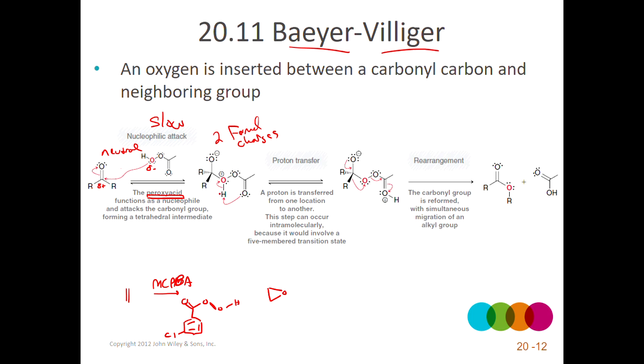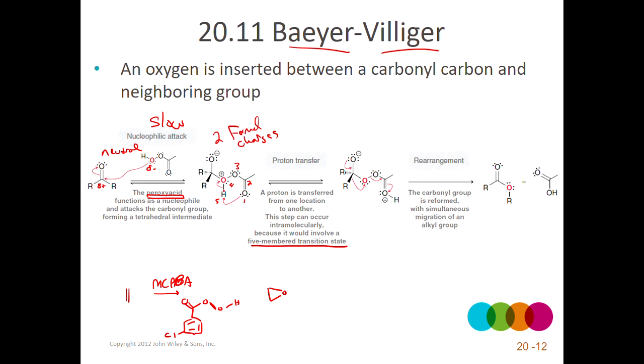So what would happen here is an intramolecular proton transfer. This happens intramolecularly because there's a 5-membered transition state. So if I count the atoms, 1, 2, 3, this oxygen here is 4, and the hydrogen is 5. That is enough atoms for the structure to bend around.